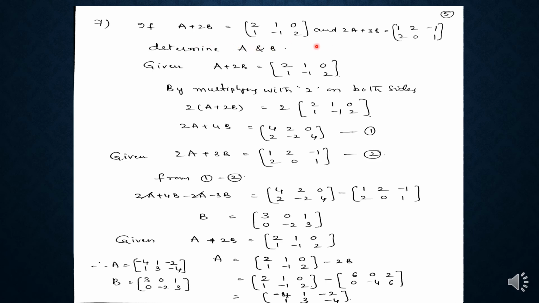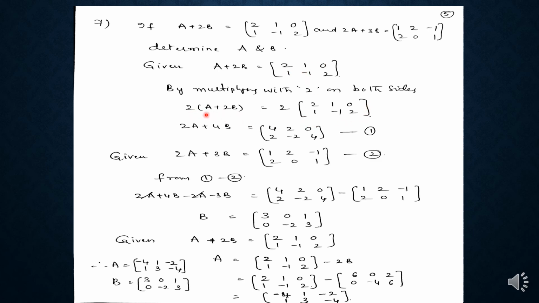In the same way, here also we multiply both sides of the first equation by 2. Here in the second equation we have 2a, so to get 2a we multiply the first equation by 2: 2 into a plus 2b is equal to 2 into 1 0 1 minus 1 2.